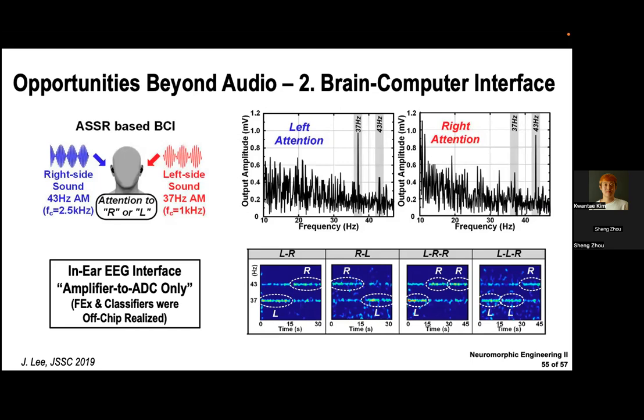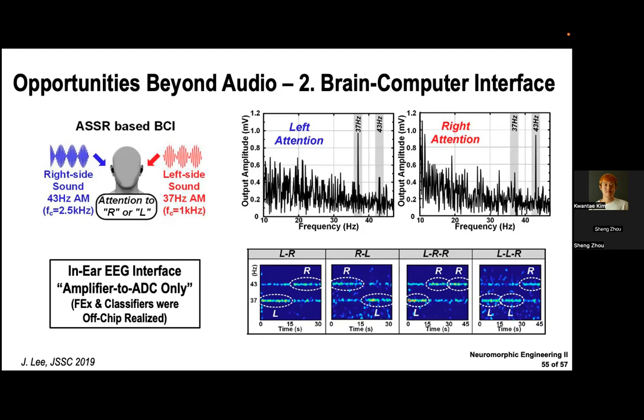So, for example, as shown in this slide, if we apply two stimuli with different analog frequencies, with carrier frequencies of 2.5 kilohertz and 1 kilohertz, and with AM modulation at 43 hertz and 37 hertz at the left and right side, then according to our attention, left side attention or right side attention, the output EEG signal spectrum has different peaks.